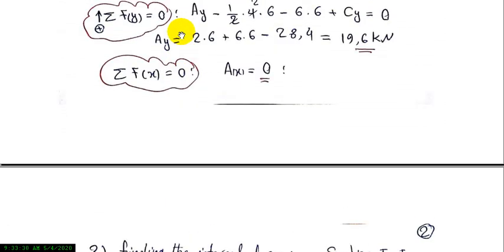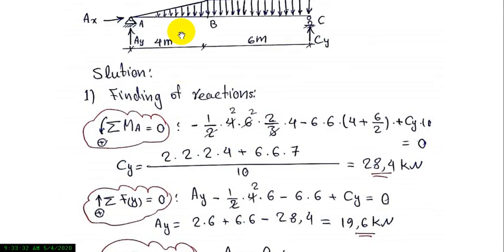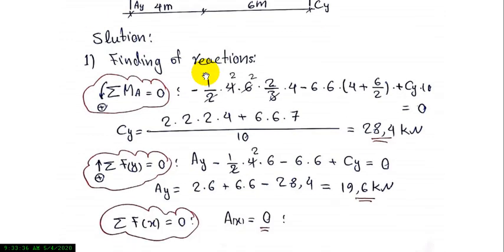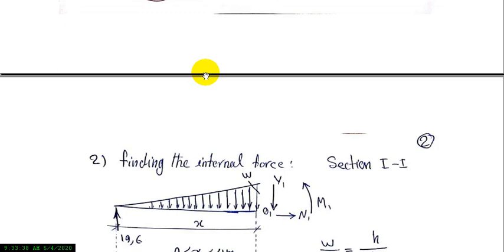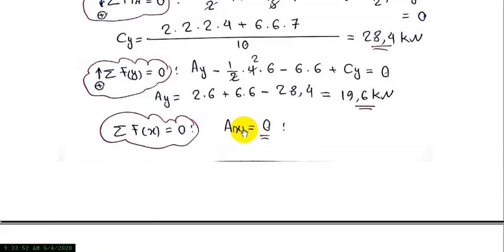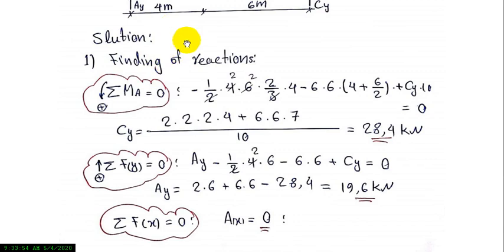First of all, we calculate the first section. In this part we take a section, and the length of this section is equal to x. x is greater than 0 and less than or equal to 4 meters, because this part is 4 meters.